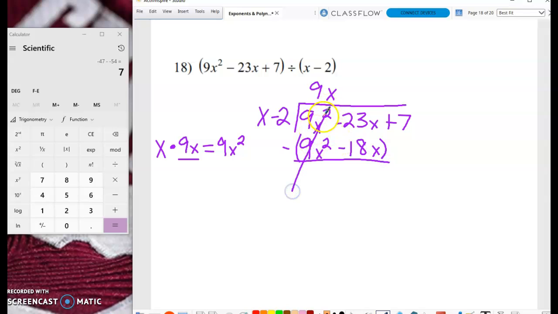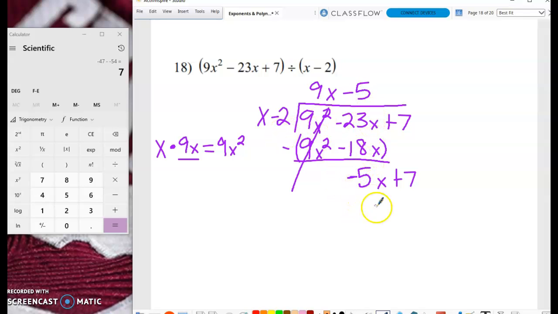These always cancel. They just subtract to be 0. Negative 23 minus negative 18 is going to get us a 5x. Positive 5 because you're subtracting negatives. Actually, excuse me, that's a negative 5. My apologies. And then we're going to bring down the plus 7. X goes into negative 5x, negative 5 times.